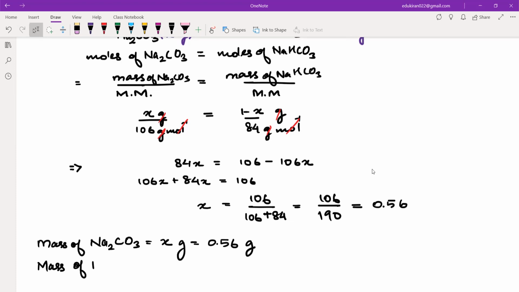The mass of NaHCO3 will be equal to 1 minus x grams, that is 1 minus 0.56 grams, which will be equal to how much? 0.44 gram. Is that right? Yes or no? Please tell me. Write this down.